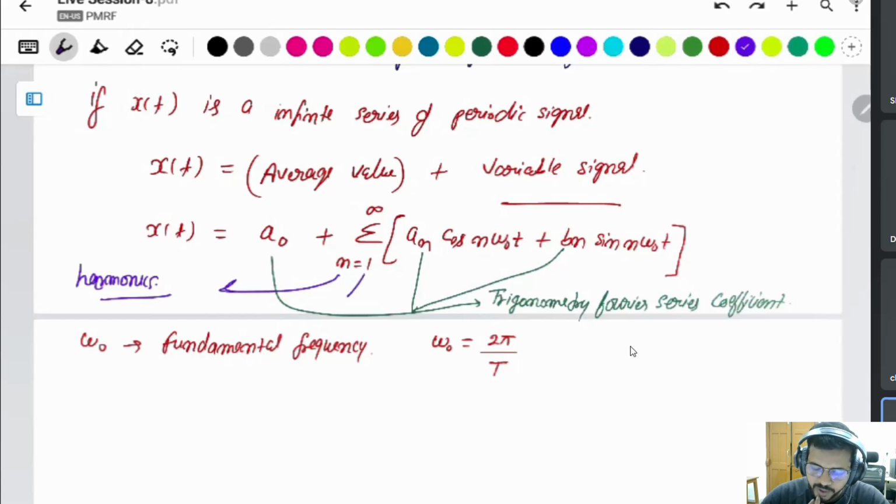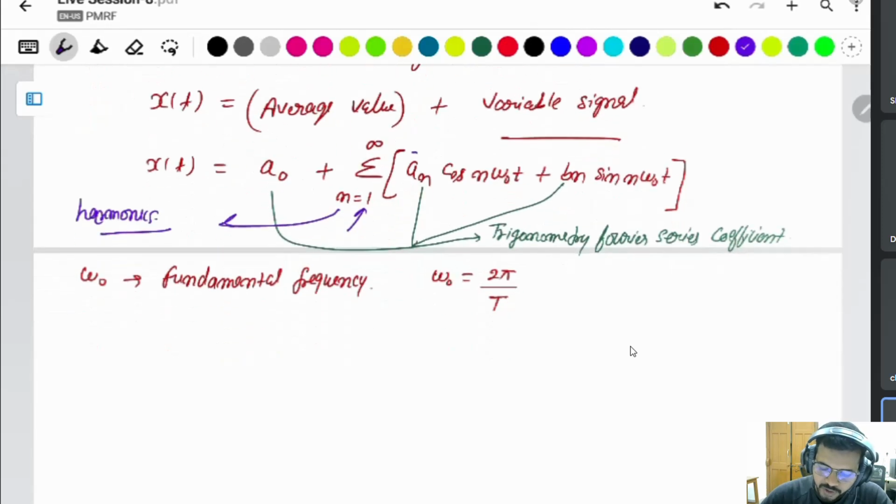We start from 1 because 0 is included in the average value, or DC value, or mean value. The harmonics are represented in terms of frequency, and the magnitude of this term is variable, not fixed.